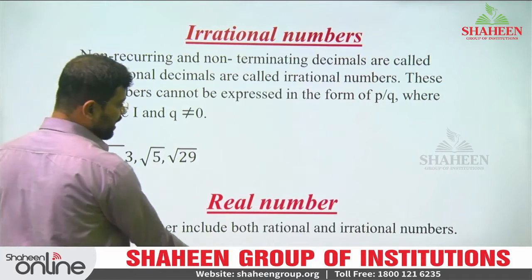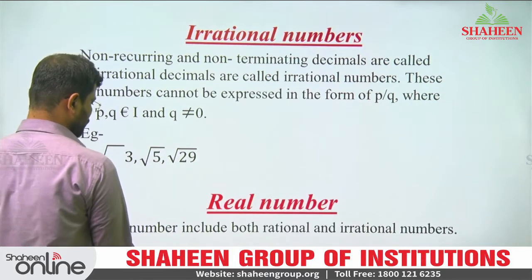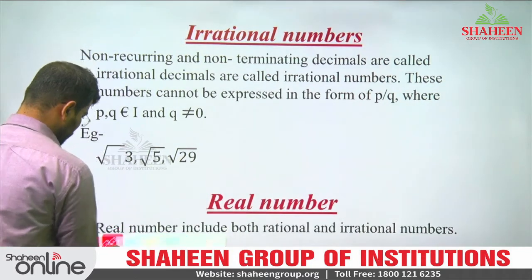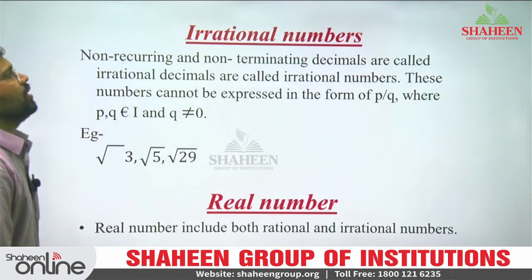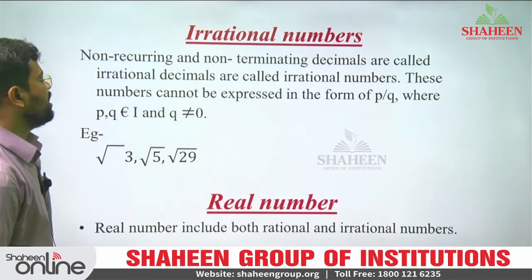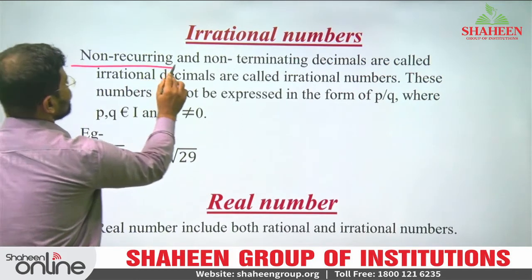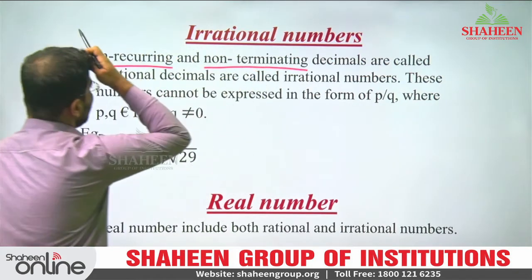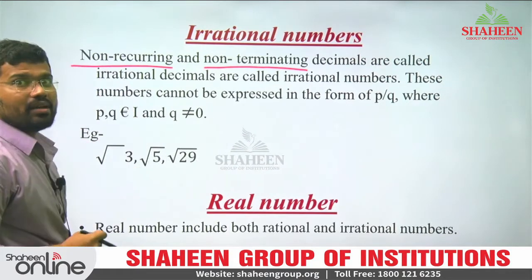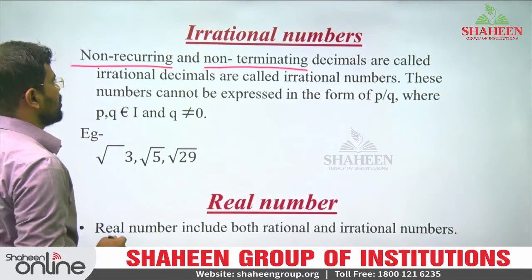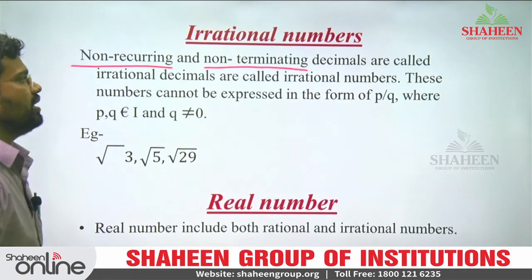Now irrational numbers. Here two words are very important: non-recurring and non-terminating decimals are called irrational numbers.